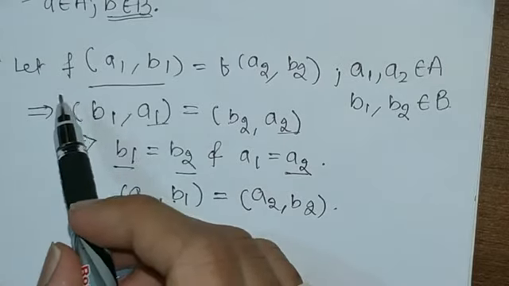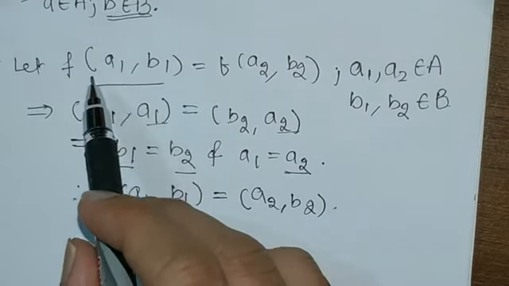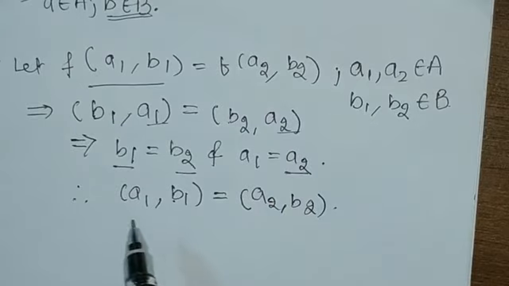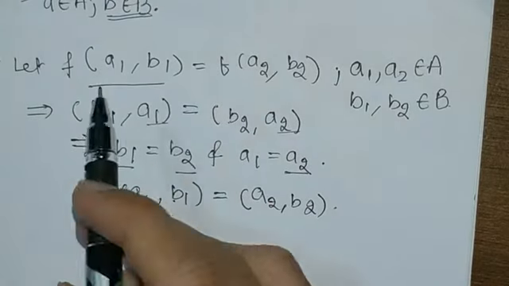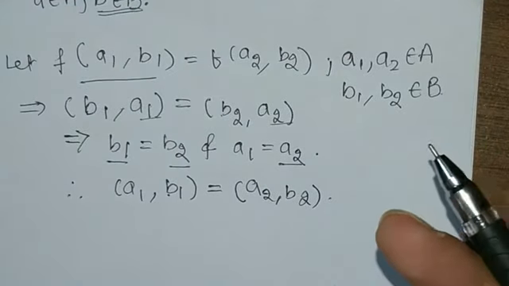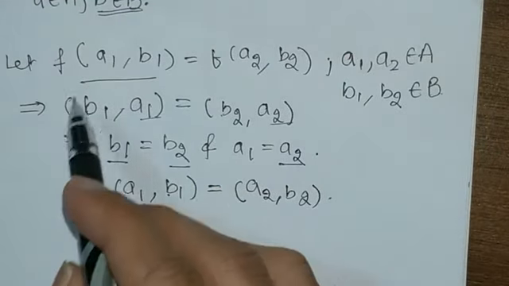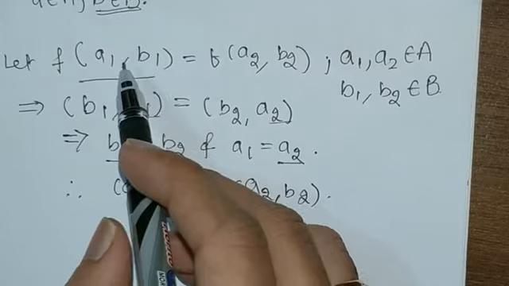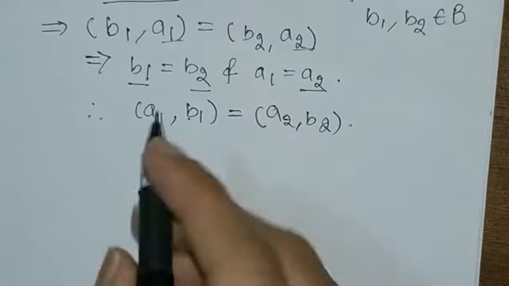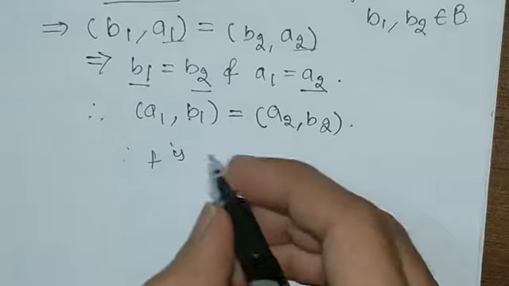You have taken f(a1, b1) equal to f(a2, b2) and you have proved that (a1, b1) is equal to (a2, b2). So it is like f(x1) equal to f(x2) implies x1 equal to x2. Here only the thing is we have ordered pairs instead of one single element. So therefore f is 1-1.